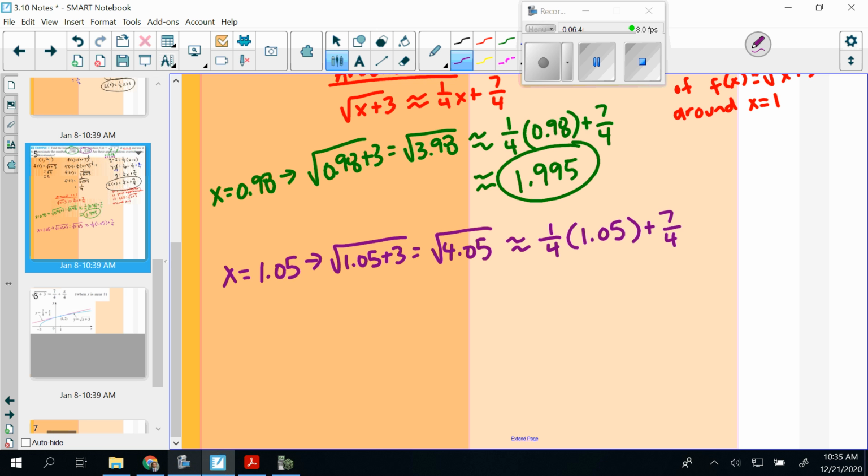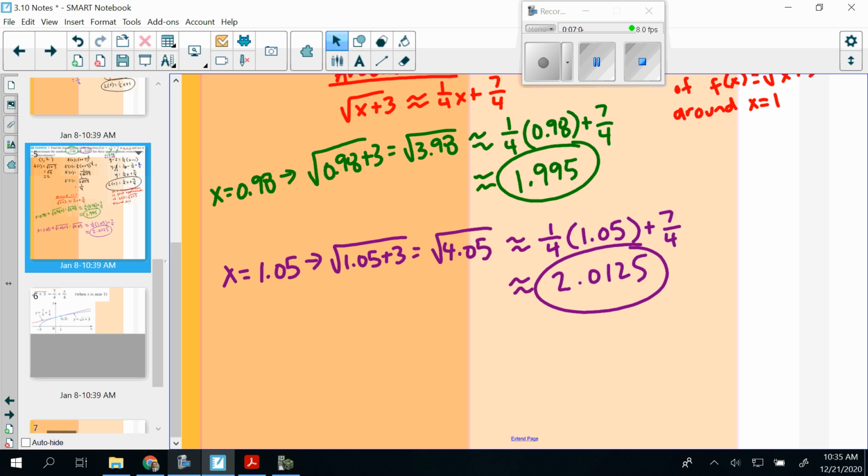So do the same thing, use your calculator to figure this one out. Multiply it by 1/4 and add 7/4, and it looks like this one is going to be about 2.0125. Now the last part of this, they want us to know, are these two estimates overestimates or underestimates?